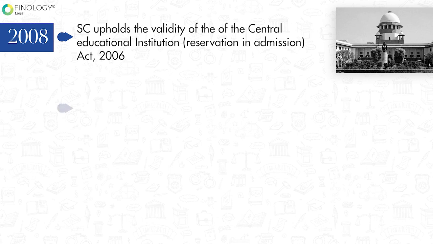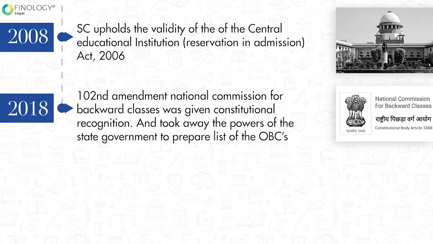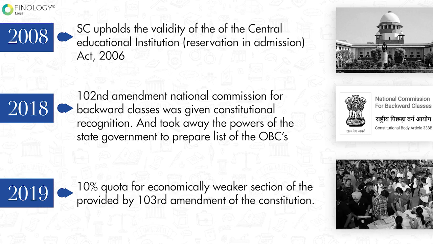After that, in the year 2018, the 102nd Amendment gave the National Commission for Backward Classes constitutional recognition, and it took away the powers of the state governments to prepare the list of socially and educationally backward classes. In 2019, we saw that a 10% quota for the economically weaker sections of society was provided by the 103rd Amendment of the Constitution.